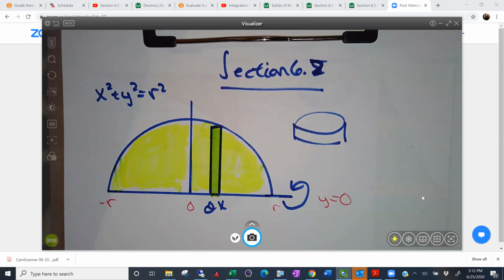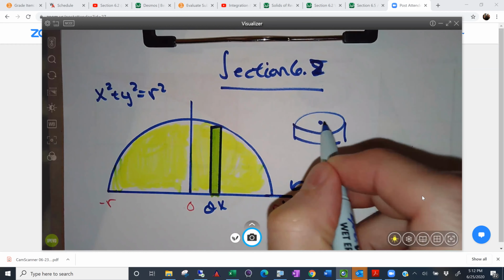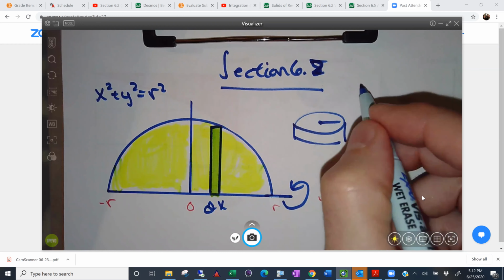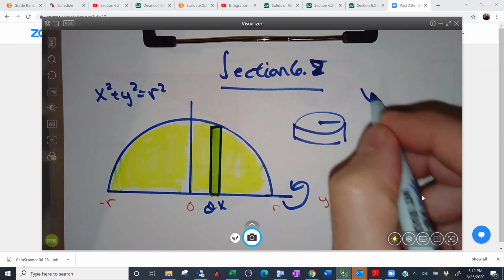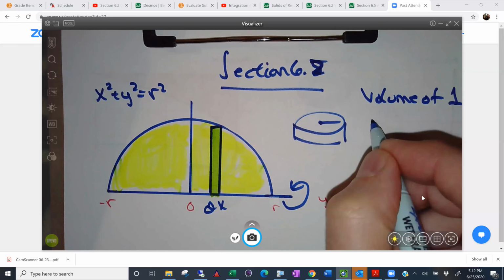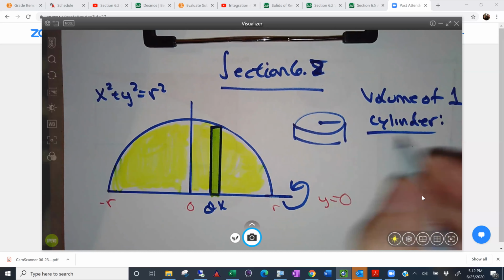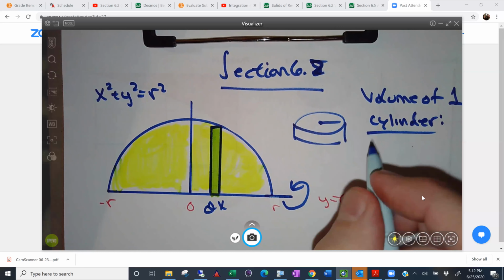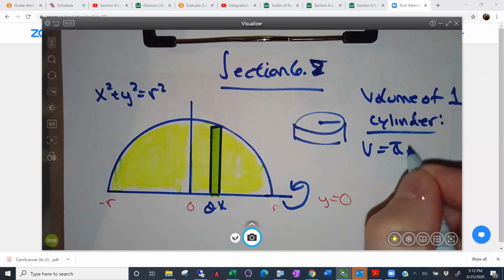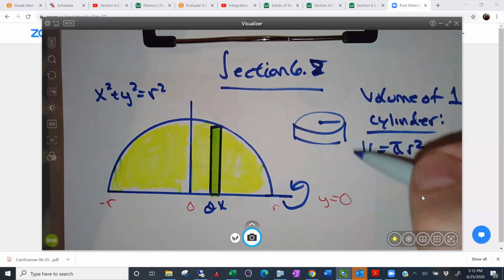But technically, it's a very short cylinder. And the volume of one cylinder is going to be pi times r squared. That's just the area of the top times the height.